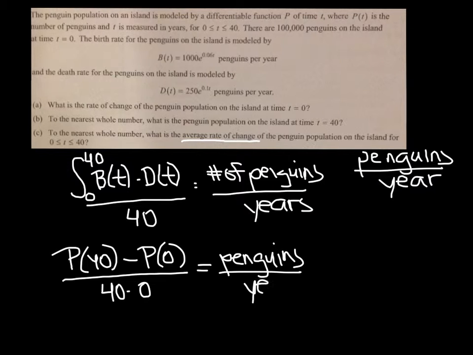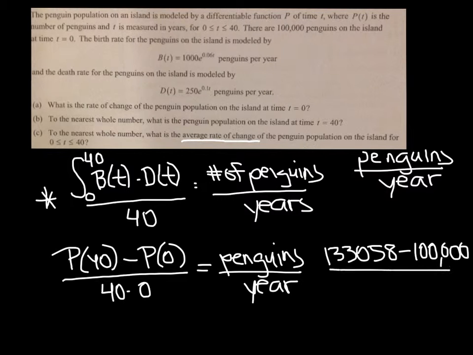So you could do this problem either way. If I did it this way, I would just plug that again into my calculator, f1 of x minus f2 of x. Now if I did this, we've already figured out these answers. We figured out that at t equals 40 there were 133,058 penguins, minus the 100,000 that's initially there, and then divide that by 40.